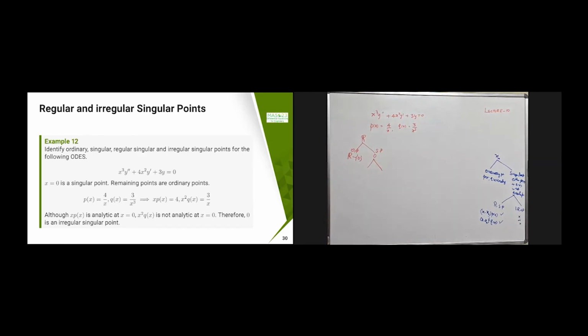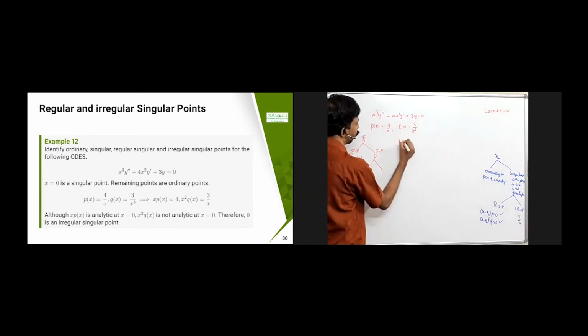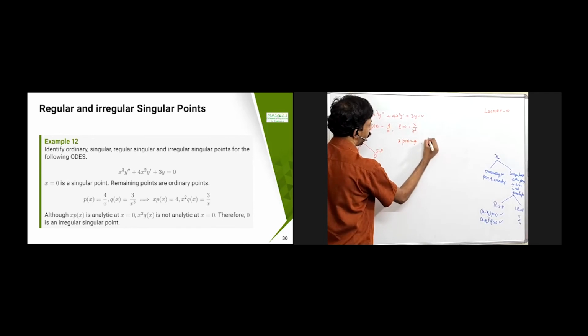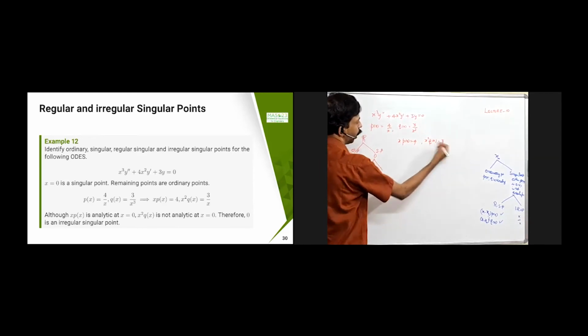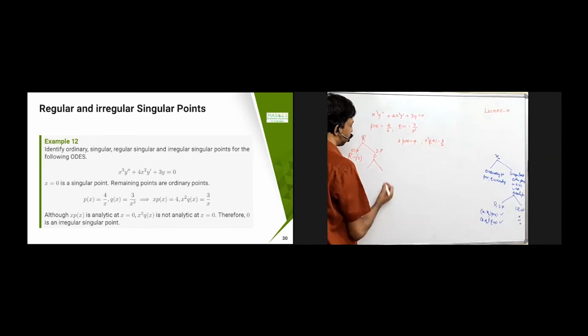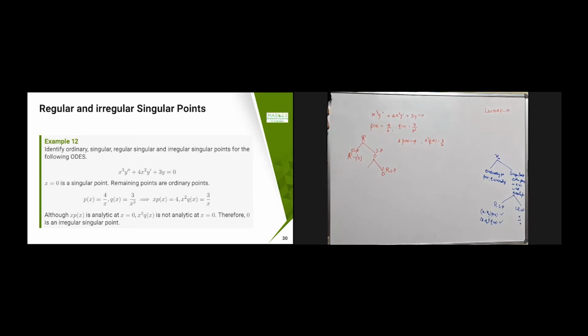If I substitute x into p of x, it is going to become 4, no issues. Whereas x square into q of x is going to become 3 by x, which once again is not defined at x equal to 0. Therefore, 0 is an irregular singular point. So there is no regular singular point here, only an irregular singular point.